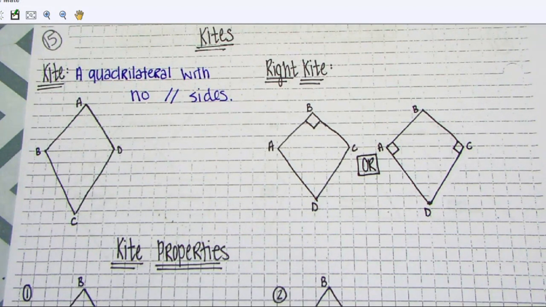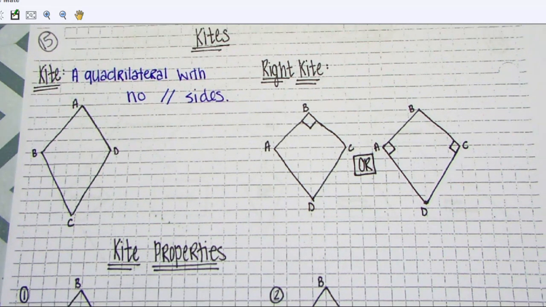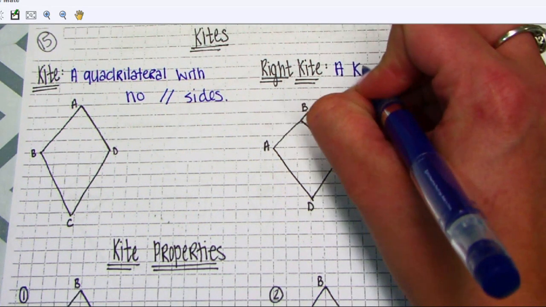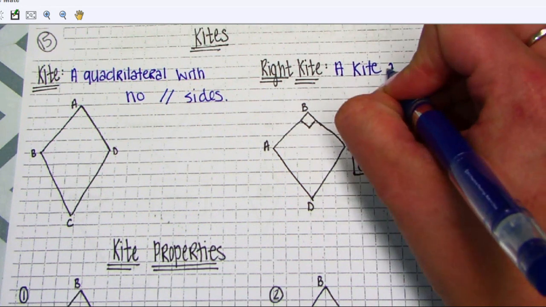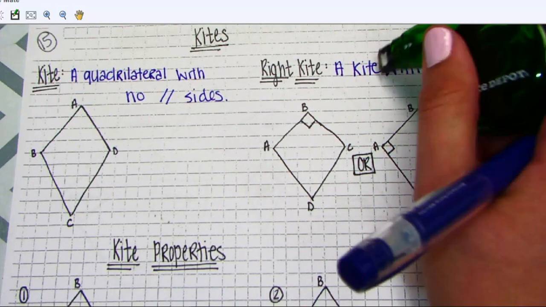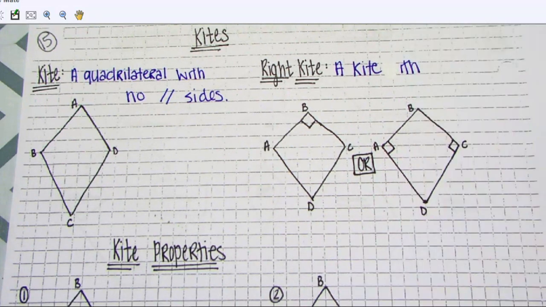Basically, everything intersects somehow. Now, there are things called right kites. Right kites have a 90-degree angle. So a right kite is a kite with a 90-degree angle.